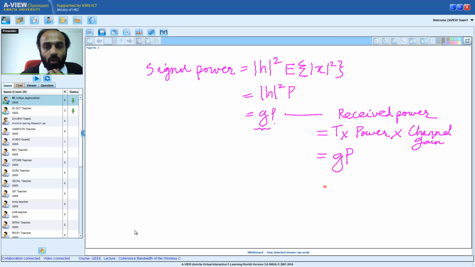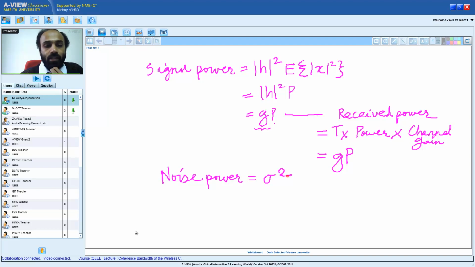Further, if we look at the noise power, the noise power is equal to sigma squared.